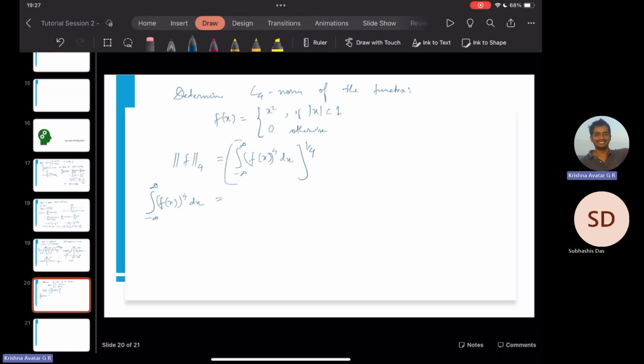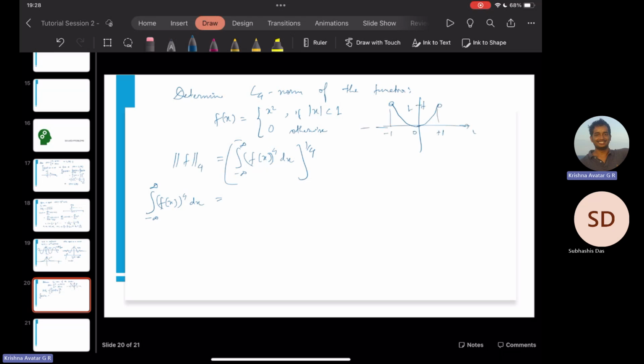This function is locally supported. It looks like x squared, only when the magnitude of x is less than 1. So these end points are not included. It's only from -1 to +1, and of course here it reaches a value of 1.